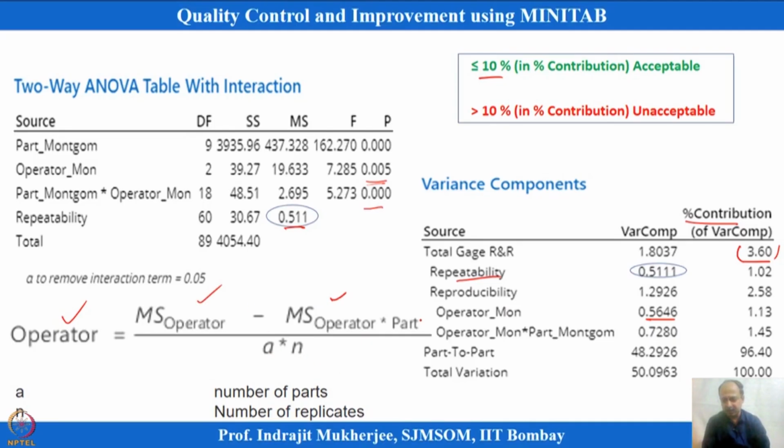Out of 100% total variation, we can get the contribution of the total instrument, which consists of repeatability and reproducibility. Reproducibility includes the interaction effect and the operator variability, and the summation of repeatability and reproducibility gives the measure of total gauge variability.